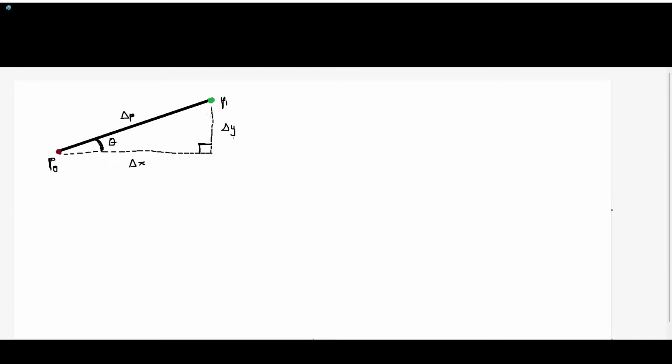Alright, well, with this problem right here, we have delta x and delta y because we have a difference in position, and we also have this delta p, which is the total difference between P1 and P0. So we can define delta p to be equal to P1 minus P0.